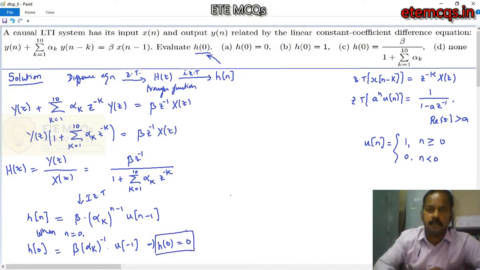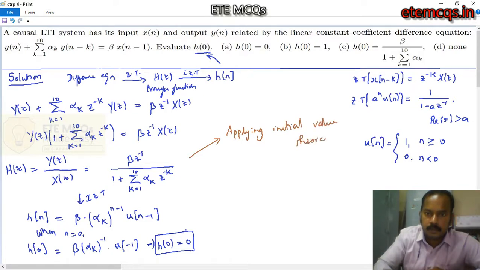The other possible way is applying the initial value theorem. The definition goes like this: h of 0 is equal to limit z tends to infinity of H of z. This is the formula, so you just substitute it here.